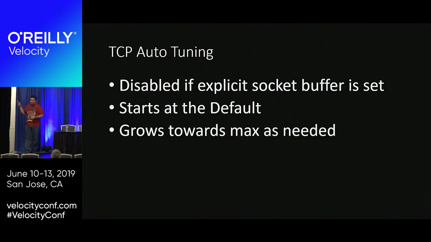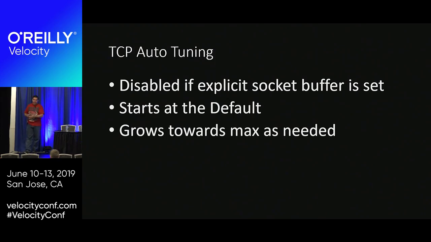You have to be careful. If you've specified a send buffer in your application, auto-tuning gets disabled. So if your web server has a TCP send buffer explicitly set, it'll disable the auto-tuning and use whatever you've set in the server software. So for the most part, you're best off not setting any explicit TCP send buffer sizes in the web servers.